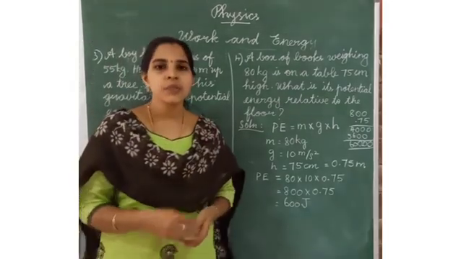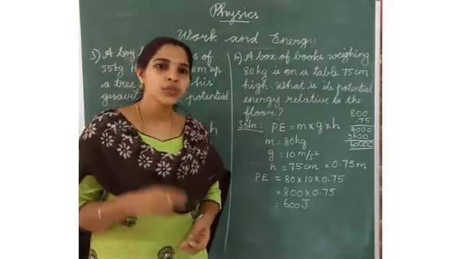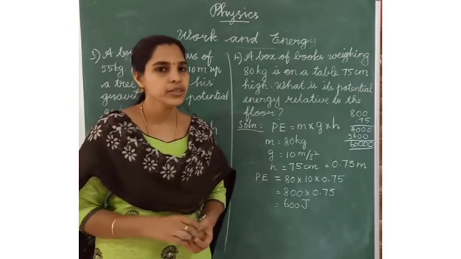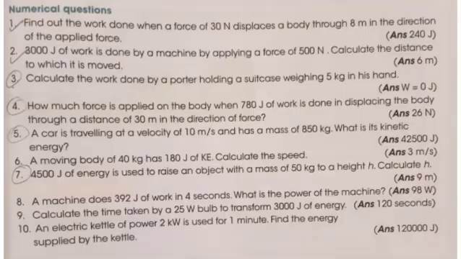Now I will give some homework problems. You should do the homework and send it to me in the WhatsApp group. Listen children. From your book page number 67, numerical questions. The first and second questions we have completed already.